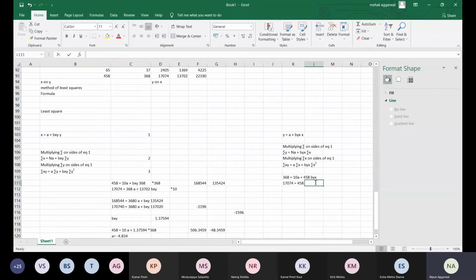So this becomes your second equation: 17074 = 458a + 22190 byx.